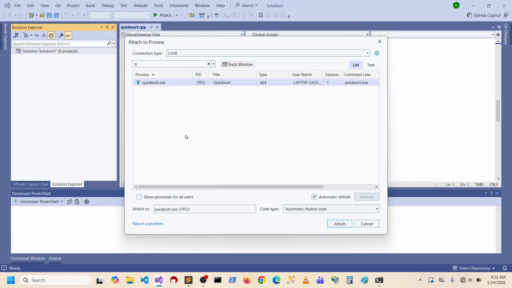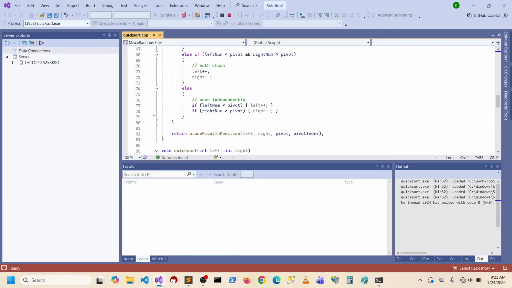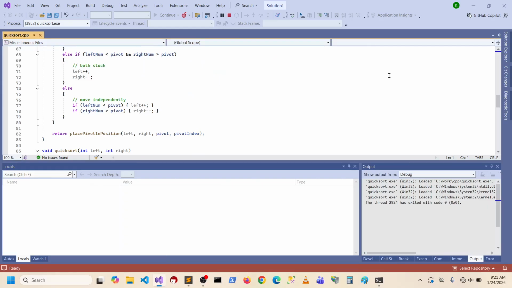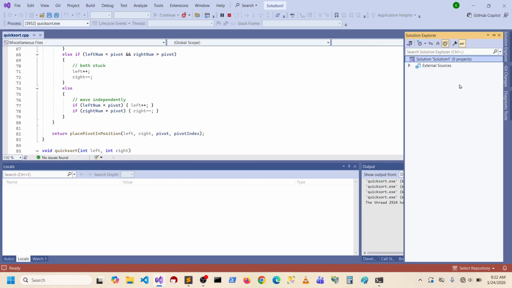Go ahead and do that. Servers, laptop. I don't need Server Explorer. I do not need Server Explorer. I need Solution Explorer. I don't even need that, really. I don't need any of this stuff for this.